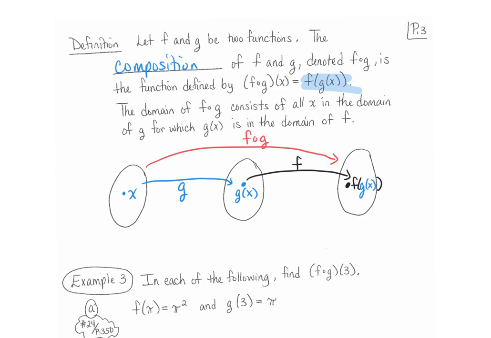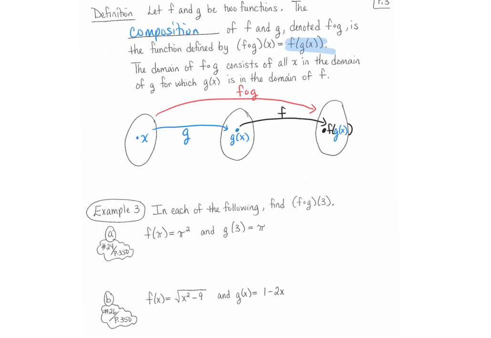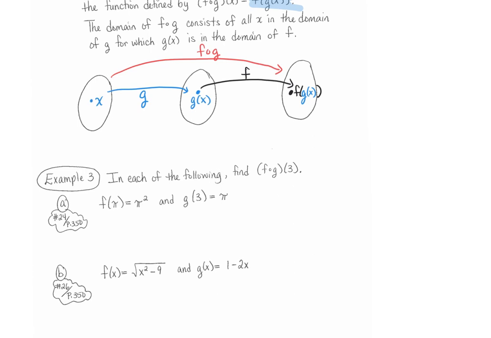Okay, so let's look at an example to see how this is done algebraically. In each of the following, find f composed with g of 3. So we're finding f of g of 3 in each one. We have different functions and different elements. So f of pi is equal to pi squared, and g of 3 is equal to pi.